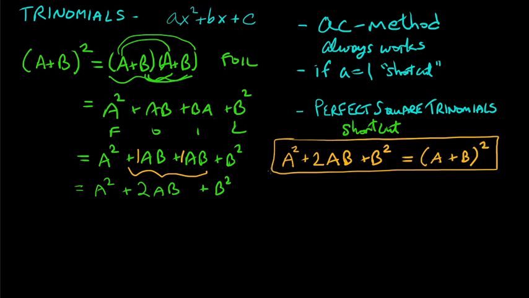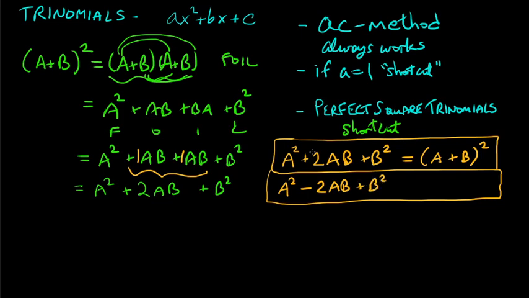And there's another version of this. If you happen to get A squared minus 2AB plus B squared, so this sign here changes from a plus to a minus, then you can factor that as A minus B squared.